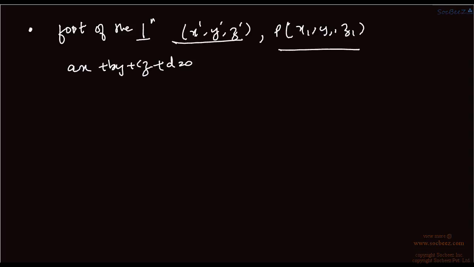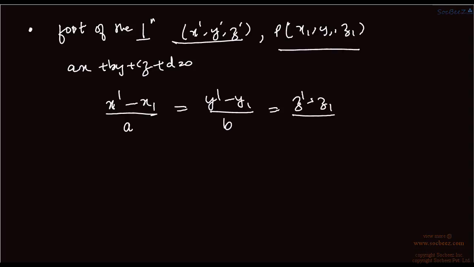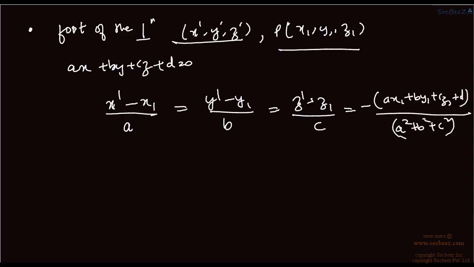Now, how to calculate the foot of the perpendicular? So x dash minus x1 upon a, just like the straight line, is equal to y dash minus y1 upon b, is equal to z dash minus z1 upon c, is equal to minus, put the point in the plane and divide by the coefficients square. So this is the foot of the perpendicular drawn from the point P.